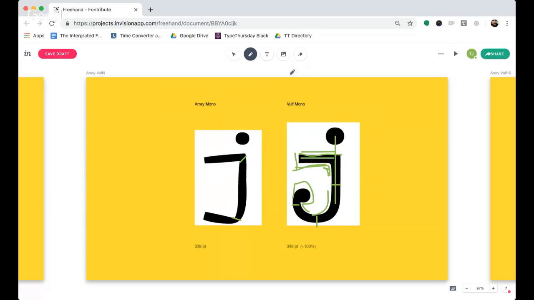It's very subtle, but it's slightly there. Part of my intuition is that they're watching for this space, because they have to deal with the tightness, especially in Vulf Mono, but in Array Mono as well. They're trying to compensate for that. So I think part of the instinct of shifting over the dot is to help balance that spacing decision as well.